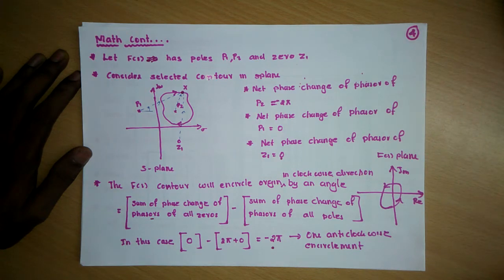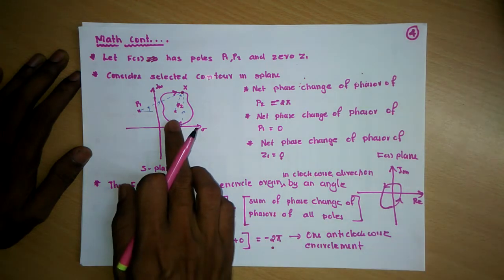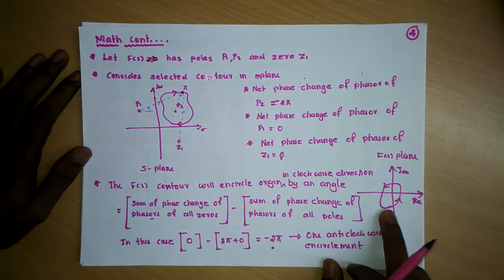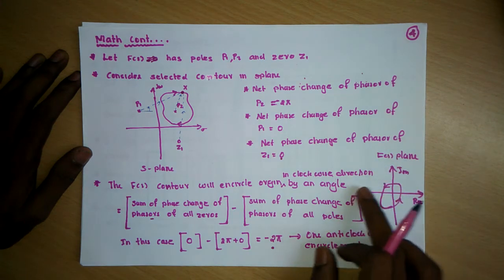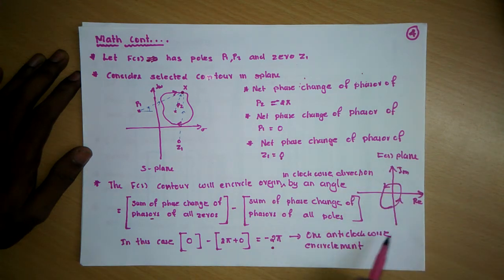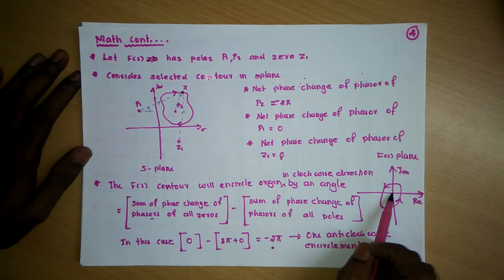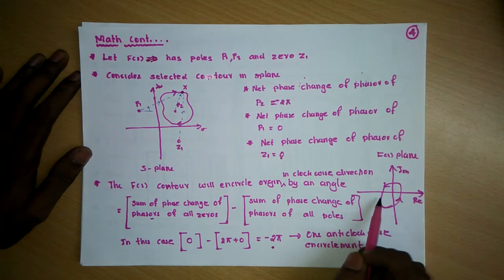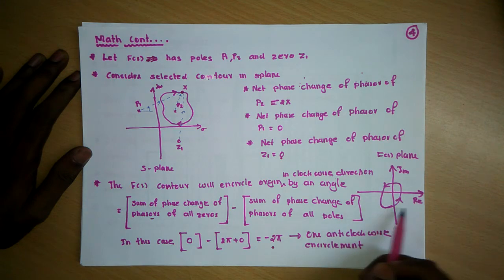That is, Z minus P equal to minus 1 indicates that the corresponding plot in the f of S plane will be encircling the point 0, or encircling the origin, 1 time in the anti-clockwise direction.